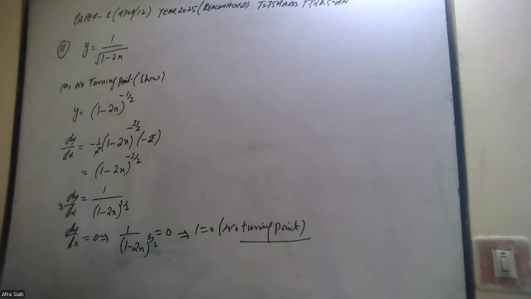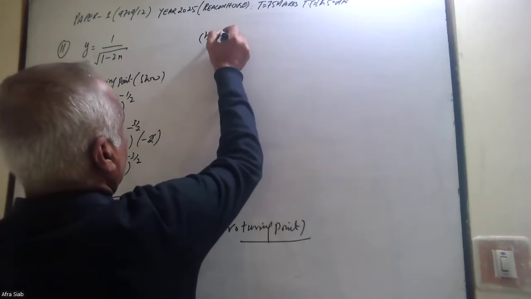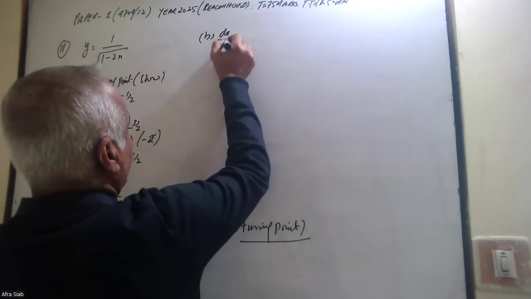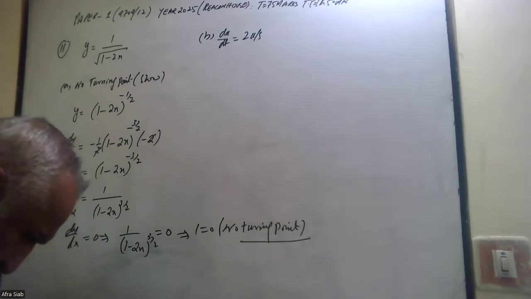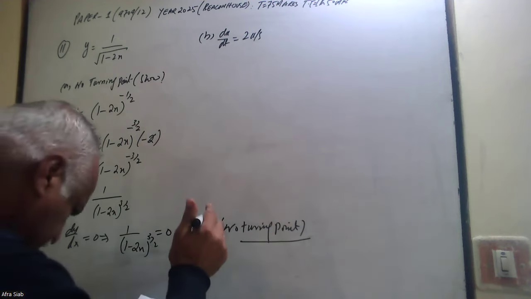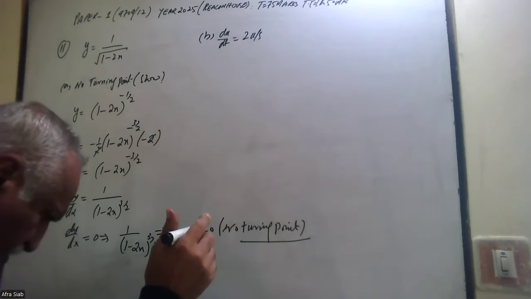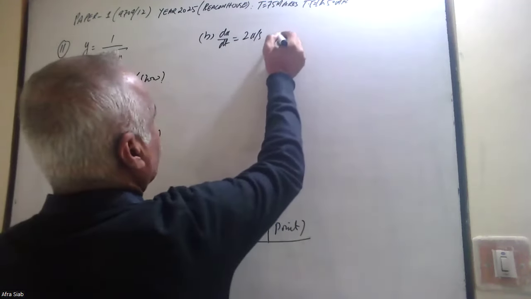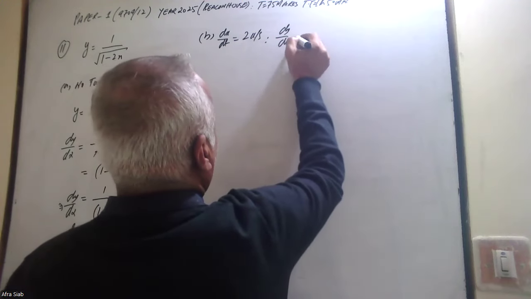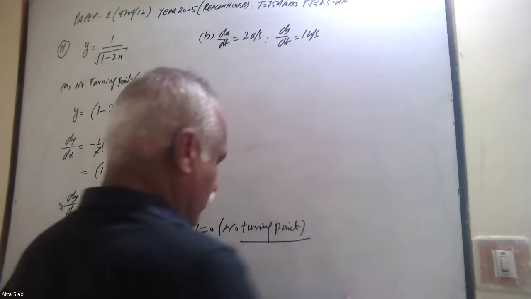The second part is, find the value of x for which the rate of change of x is 2 units. B part. dx over dt, the rate of that is 2 units per second, and the rate of change of y is 1 unit per second.